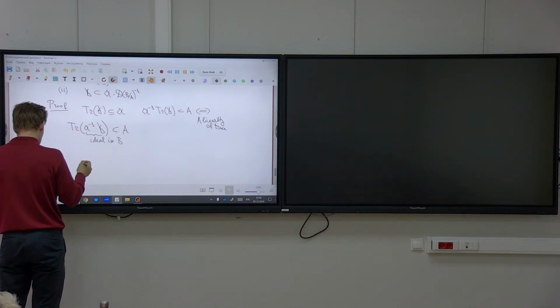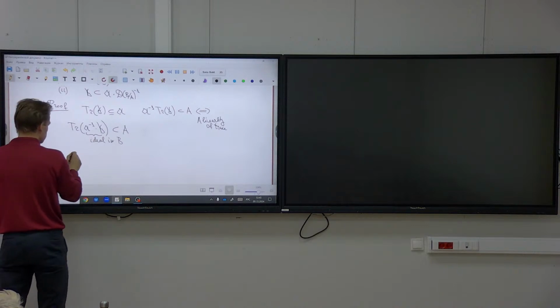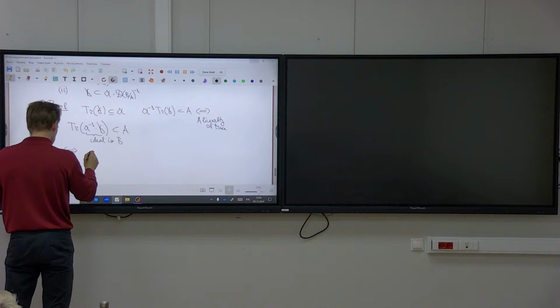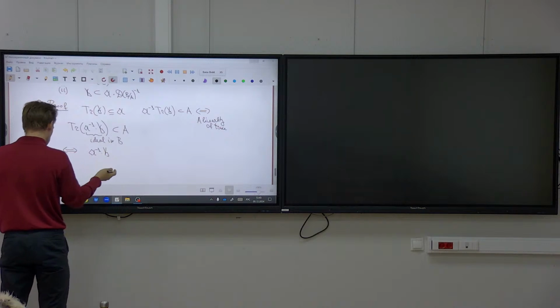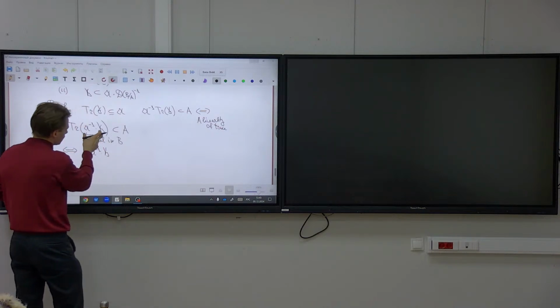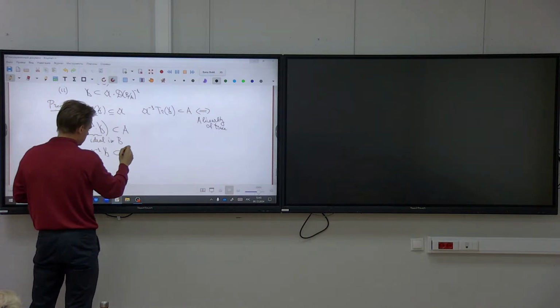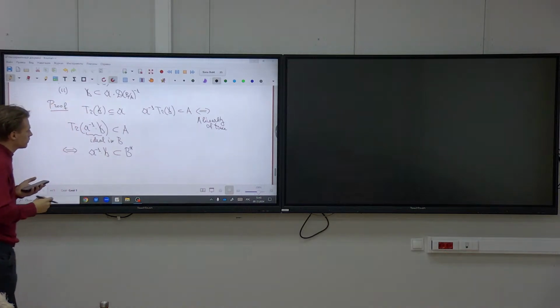We claim that this is if and only if the ideal A inverse B, of course this thing should live inside B star. So what is A inverse B?